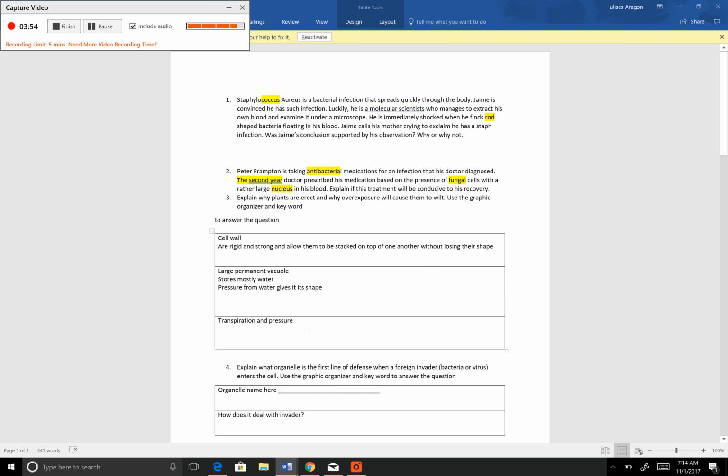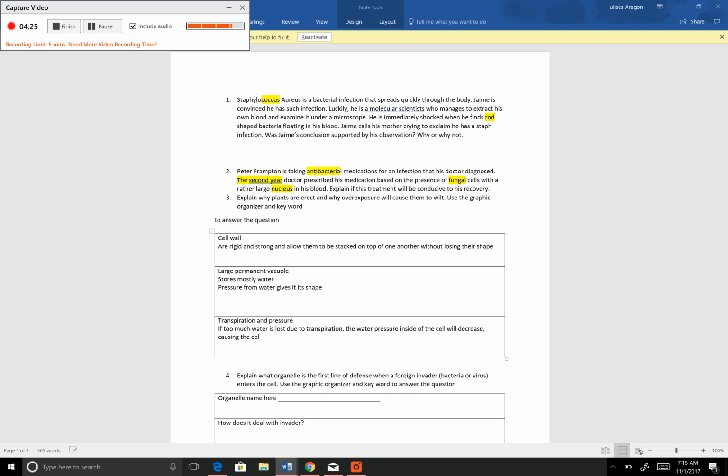Now, transpiration is the evaporation of water, so if too much water is lost due to transpiration, comma, the water pressure inside of the cell will decrease, comma, causing the cell to wilt.